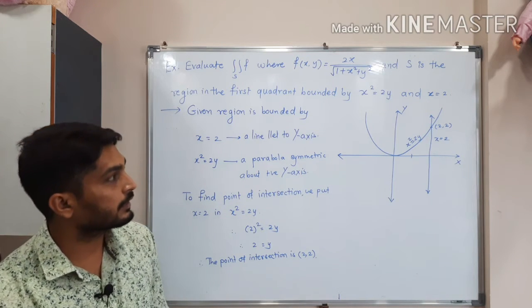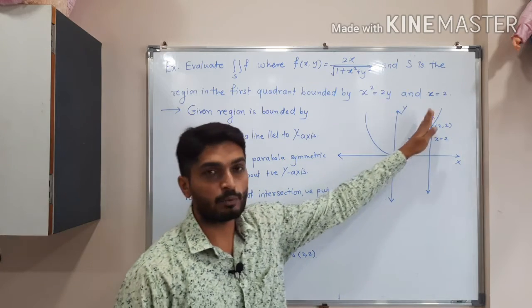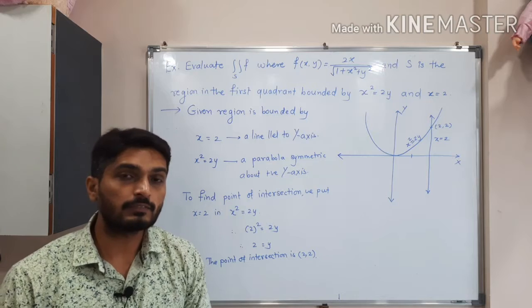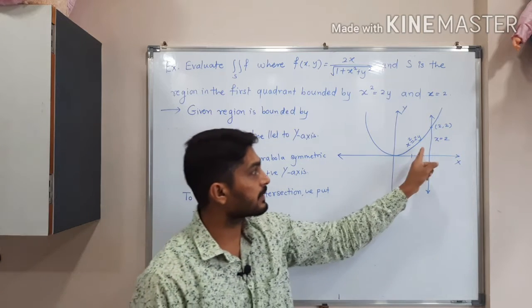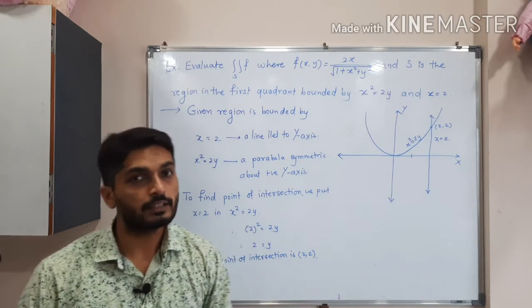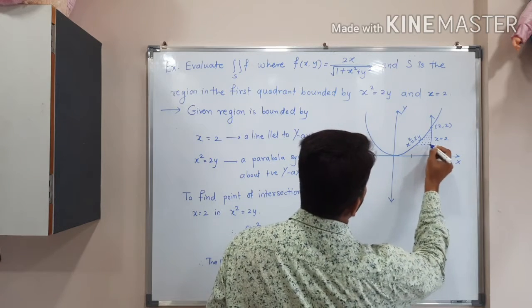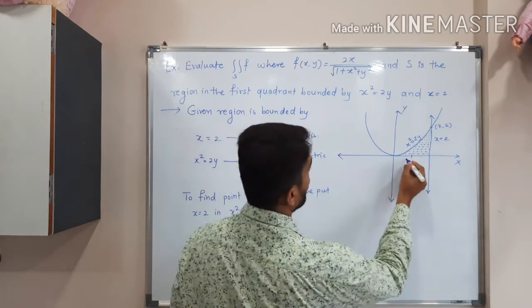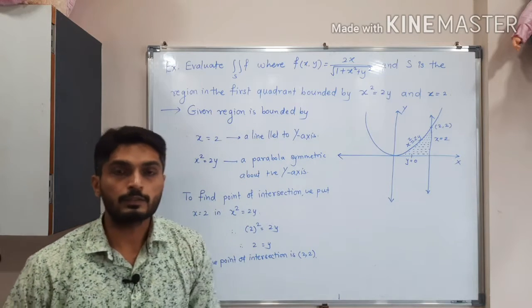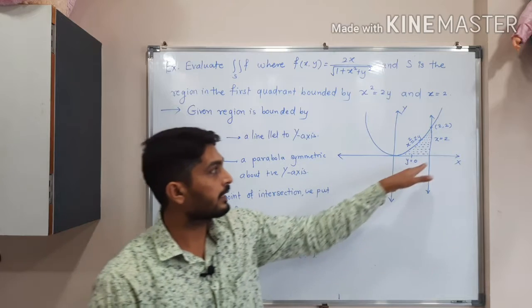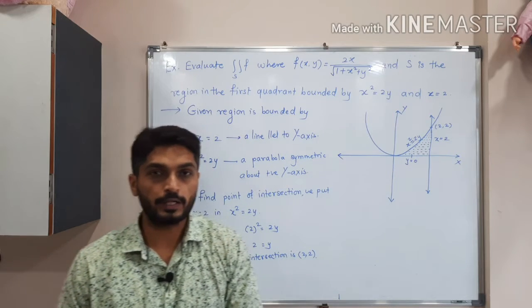So our region is bounded by this parabola, bounded by the line x is equal to 2, as well as it lies in the first quadrant. That means 101% this is the region of integration. The equation of the x-axis you know already, y is equal to 0. So the region is bounded by these three curves, right?